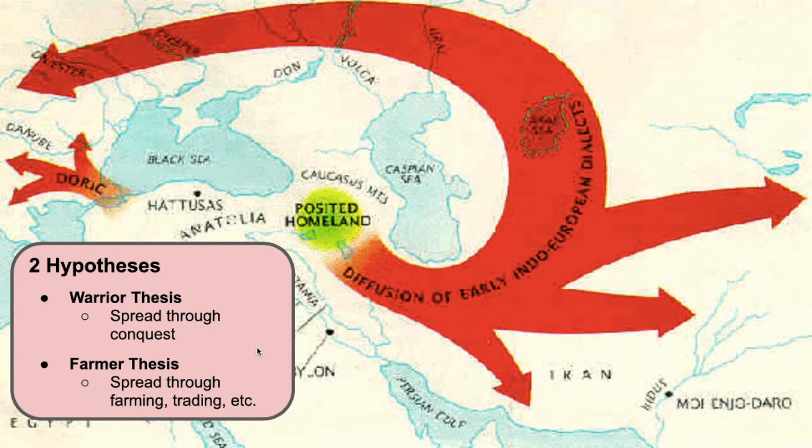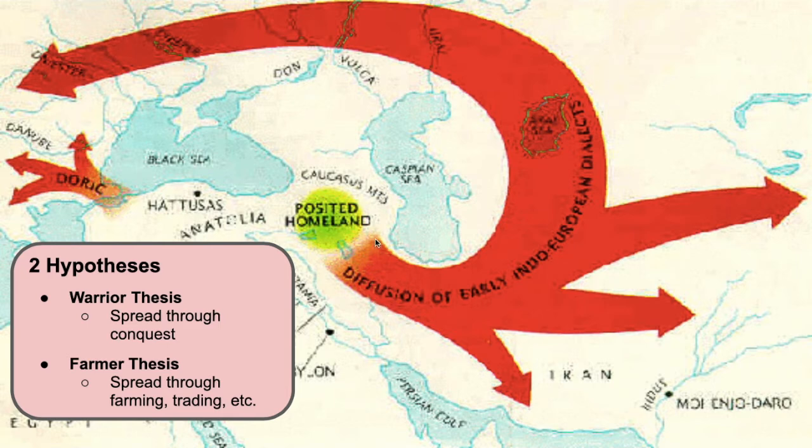The other idea is the farmer thesis, that what we're looking at is nomadic farmers who were spreading their language as they looked for more fertile land throughout the seasons as weather changed, and began to trade, participating in simple economics. In looking for trade partners and seeking out more fertile land, they diffused their language.